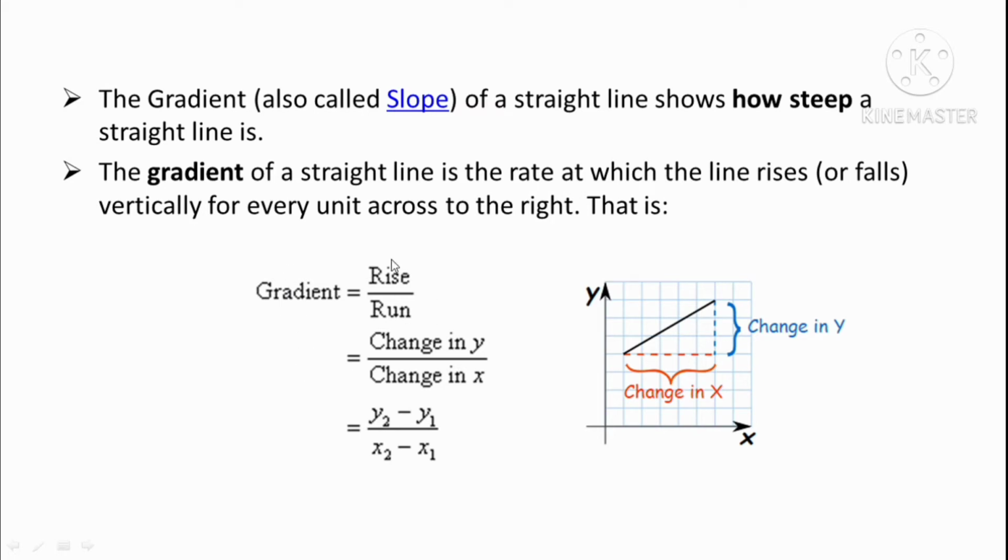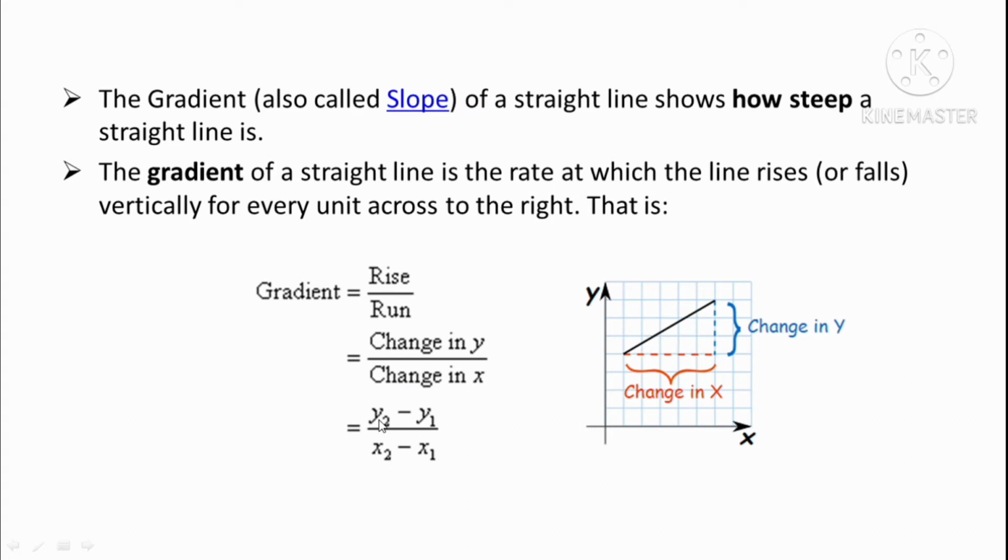you see, this is the formula for us to determine the gradient. So gradient equals rise over run, where here would be the rise, and the horizontal here will be the run. It can also be called change in y, the vertical change here, over change in x.